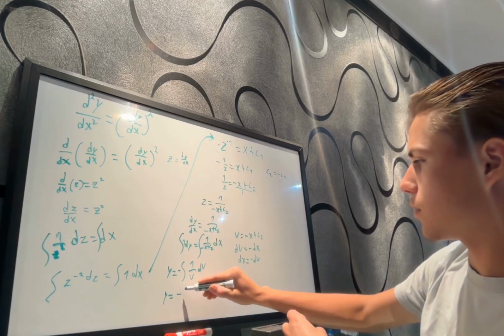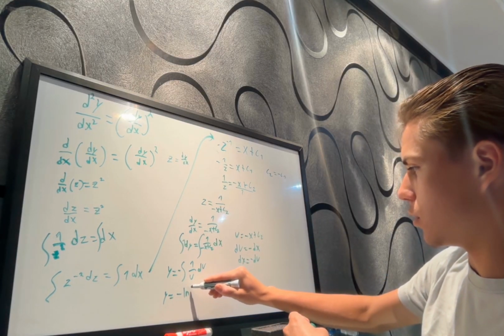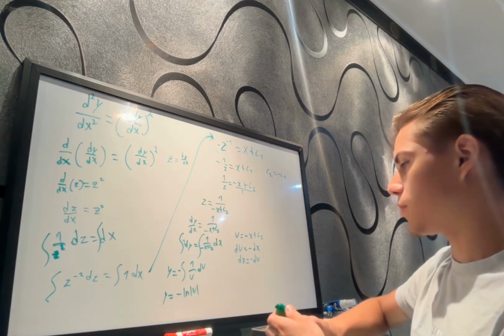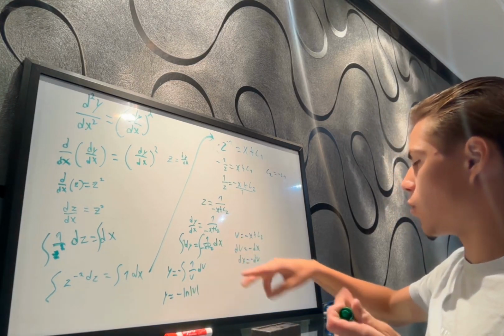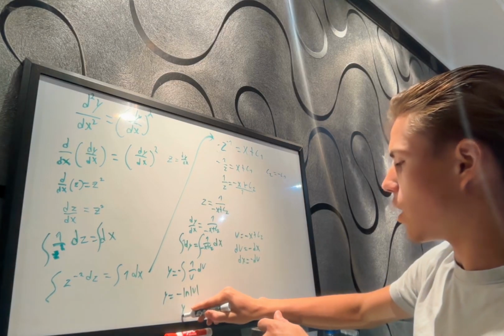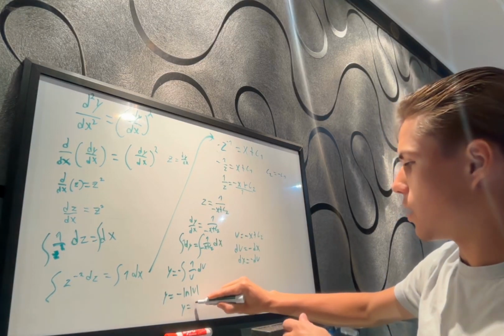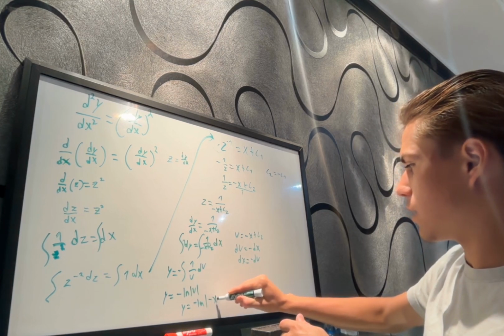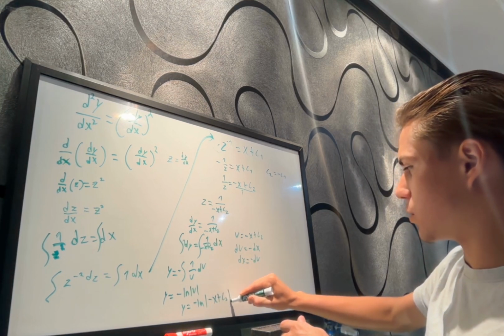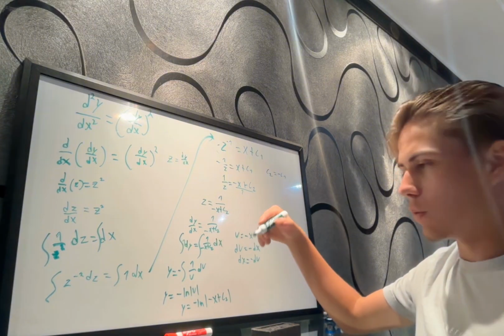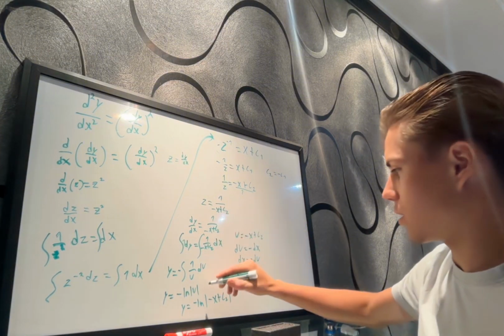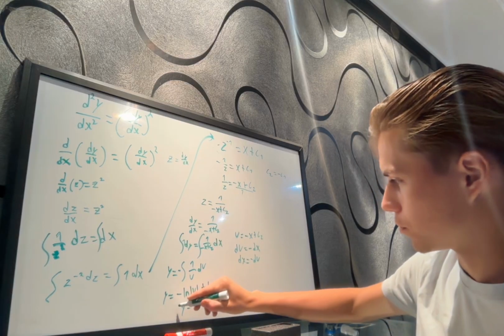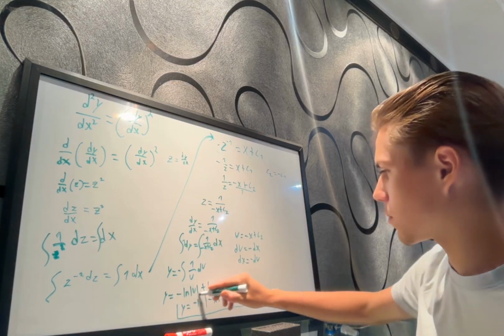So we have negative natural log of the absolute value of u. Now if we plug back in what u is, we get that y is equal to the negative natural log of negative x plus our constant number 2. But remember, when we integrate, we have to add another constant, so I'm going to call that c3, plus c3. And this is what we get.